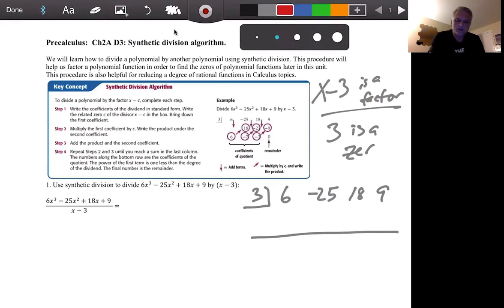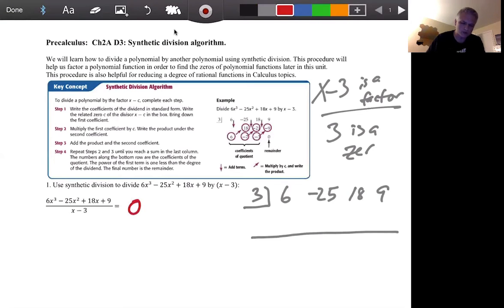Okay, now here is the algorithm step by step. After we have written the coefficients of the dividend in standard form, which just means that we have x cubed first, then x squared, then x, and then the constant, and we don't have anything else on the other side of the equal sign, equals 0, right?